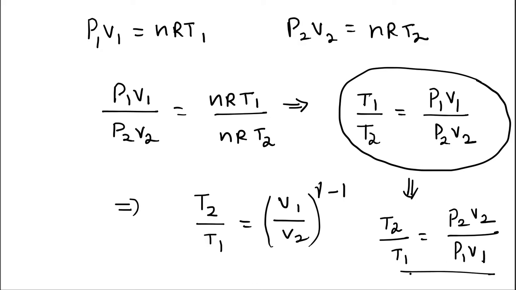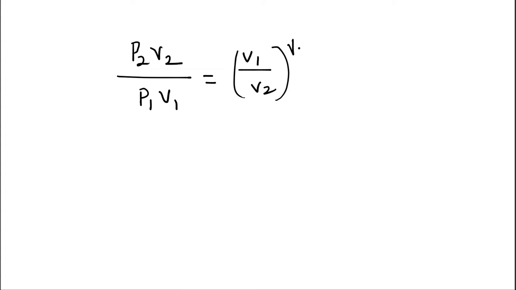Let's substitute here in this equation. So P2 V2 in place of T2, over P1 V1 in place of T1, is equal to V1 over V2 power gamma minus 1.